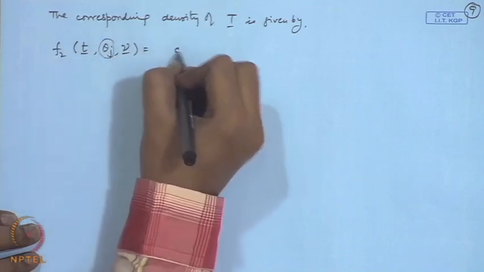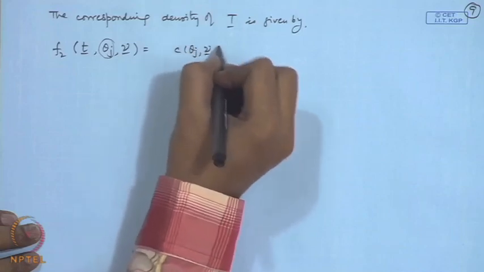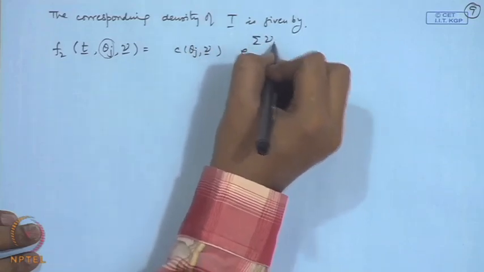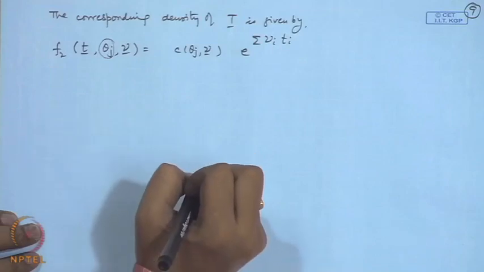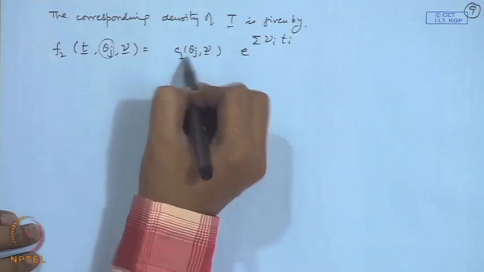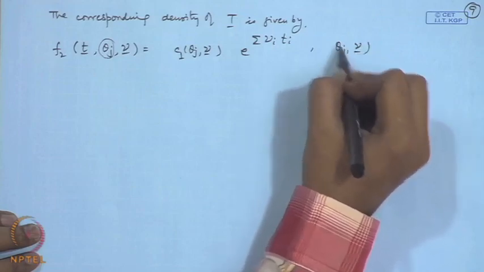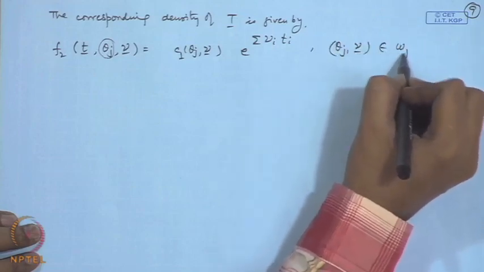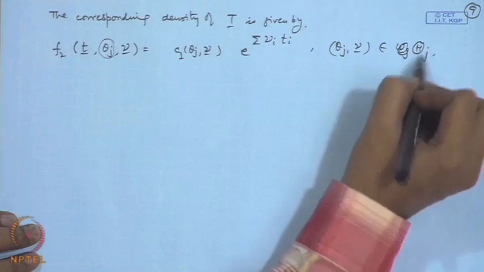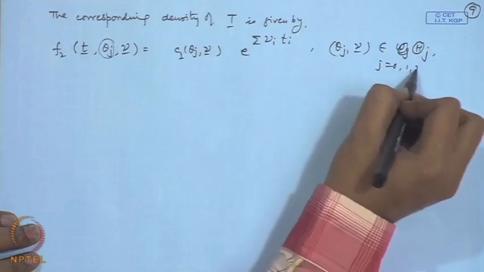It equals C_1(theta_j, nu) e to the power sigma nu_i T_i. So, this will be some coefficient, let me put it C_1 here, where nu belongs to omega of theta_j for j equal to 0, 1, 2.